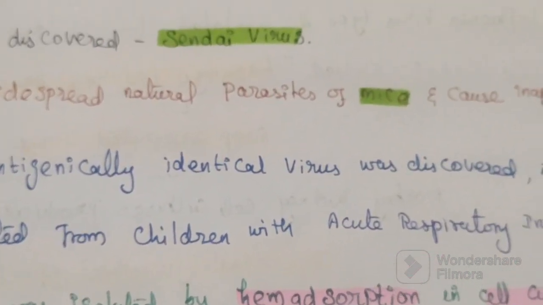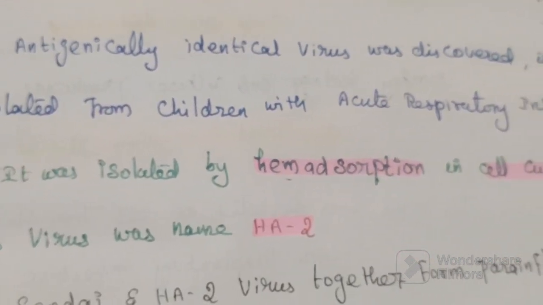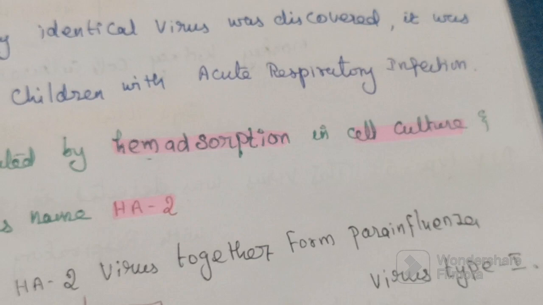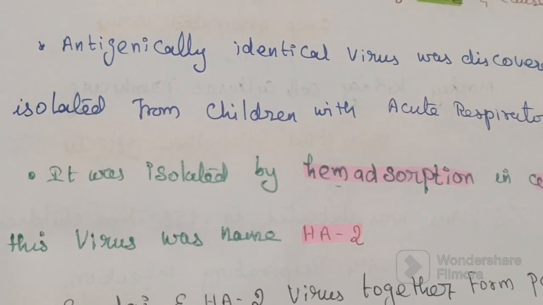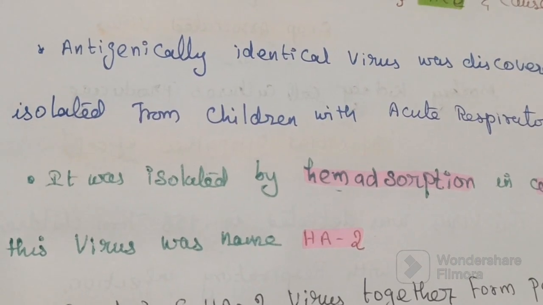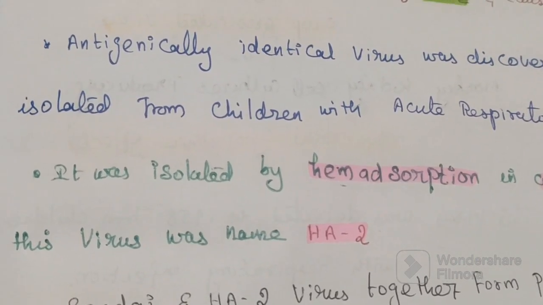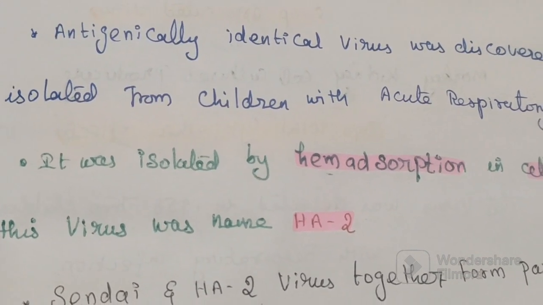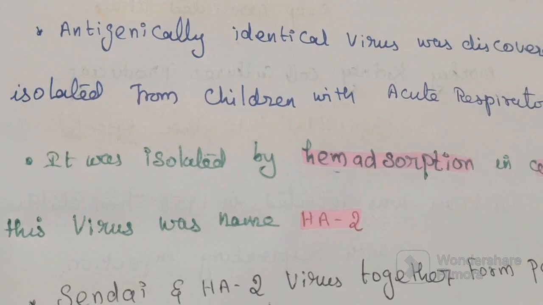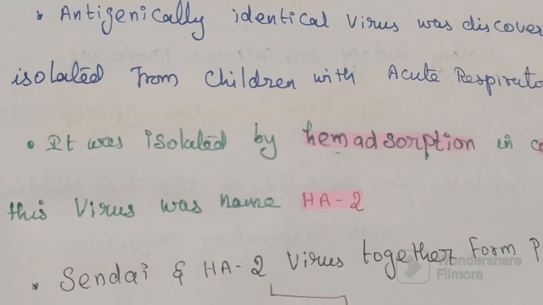First one is Sendai virus. Second one is by using heme absorption in cell culture. Second virus name is called HA2, that means heme absorption virus 2. Already HA1 is there, so this one is the second one.